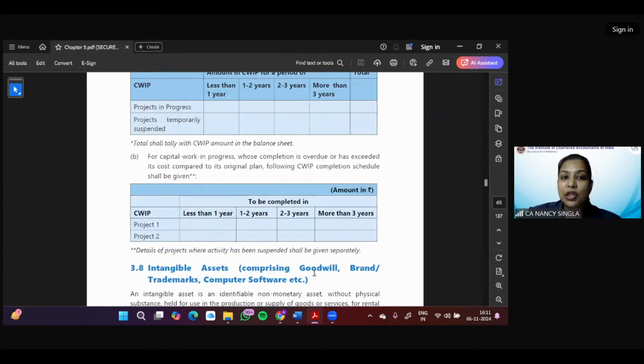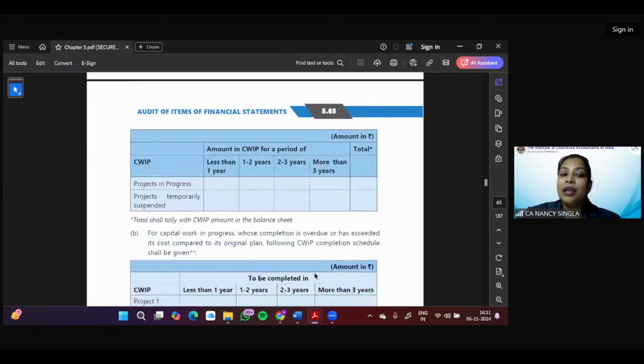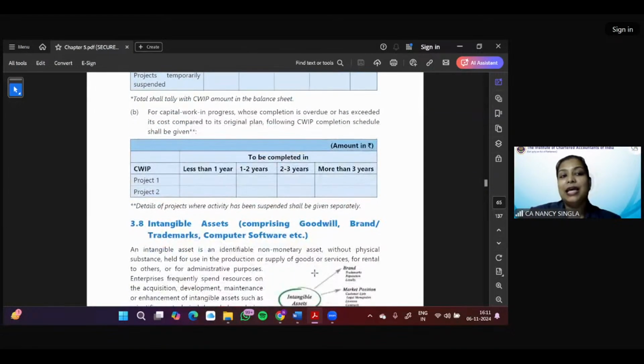Same way, the B clause says that with respect to capital work in progress, just try to understand. The earlier point said that for capital work in progress, we were mentioning the amount which has been held in capital work in progress for how much period, like less than 1 year, 1 to 2 years. The next point says that, let's say with respect to any of the projects, the time period that was allotted was 15 months, but now it has become 18 months.